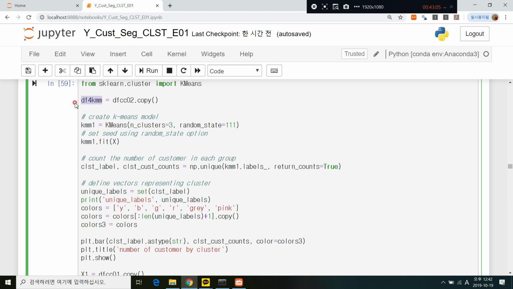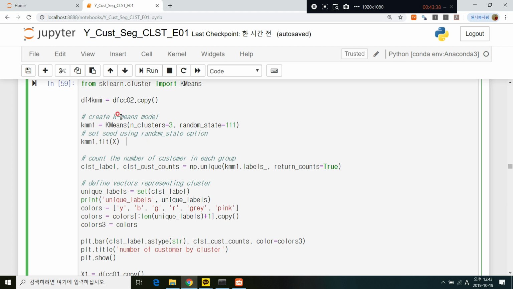Making a copy is because we may want to change the names of the dataset columns, add some additional derived variables, or insert cluster codes into this data frame. That is why I make a copy of the data set that we've selected.